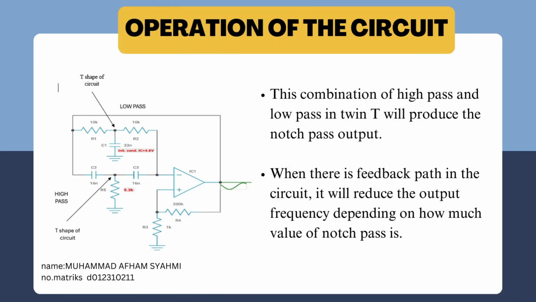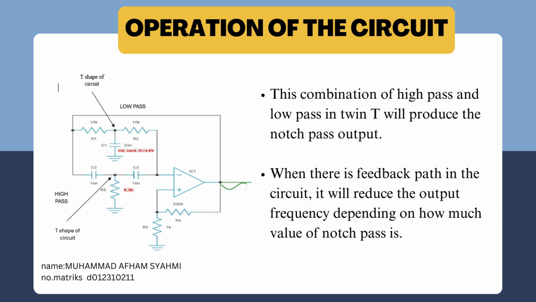Okay, for this part, operation of the circuit. As we can see in the slide, this is the circuit of the twin-T oscillator. Why do we call this a twin-T oscillator? Because there are two T networks in the circuit. One, you can see, has capacitors and resistor in series, and one has resistor and capacitors in parallel. This circuit is a combination of low pass and high pass. As we know, the output of a combination of high pass and low pass is called band pass.